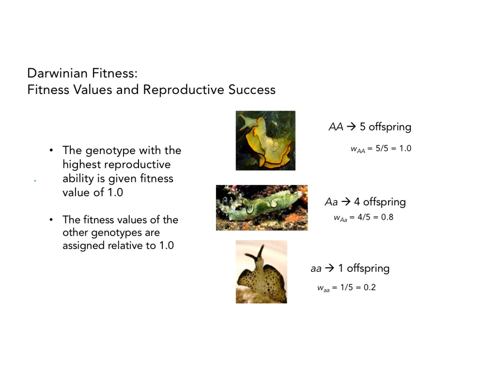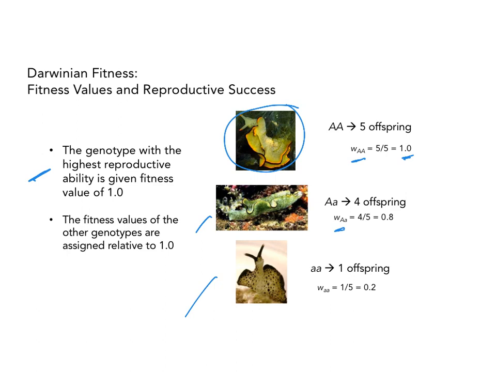So the genotype that has the highest reproductive ability is given the fitness value of 1. So basically we're normalizing it. If this phenotype produces 5 offspring, and these other 2 phenotypes produce fewer offspring, then we can generate a Darwinian fitness value for the homozygous dominant individual of 1.